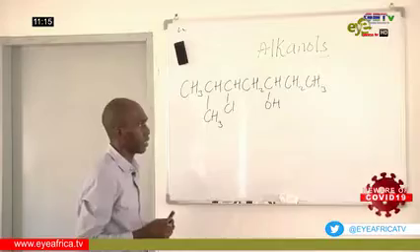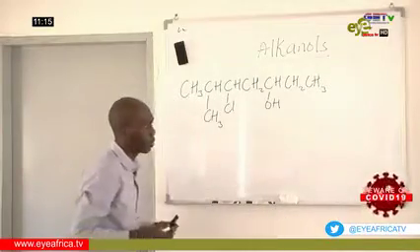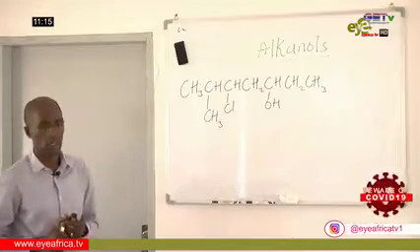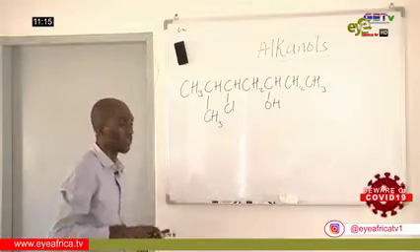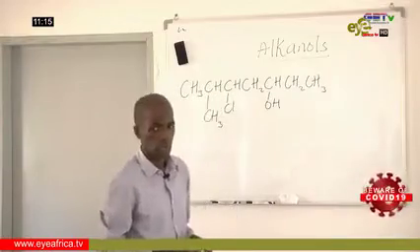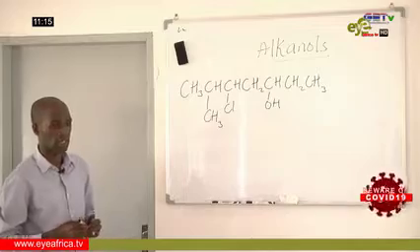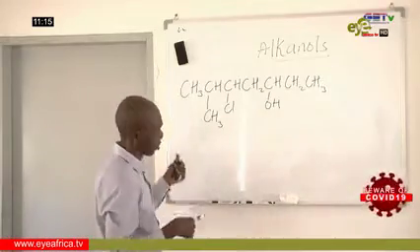Let's try to give a name to this compound. So the first thing we do is we identify the longest hydrocarbon chain. Then we give the lowest number to the functional group. Since we say functional groups take precedence over alkyl groups and then halogens. So here we're going to follow the same thing.